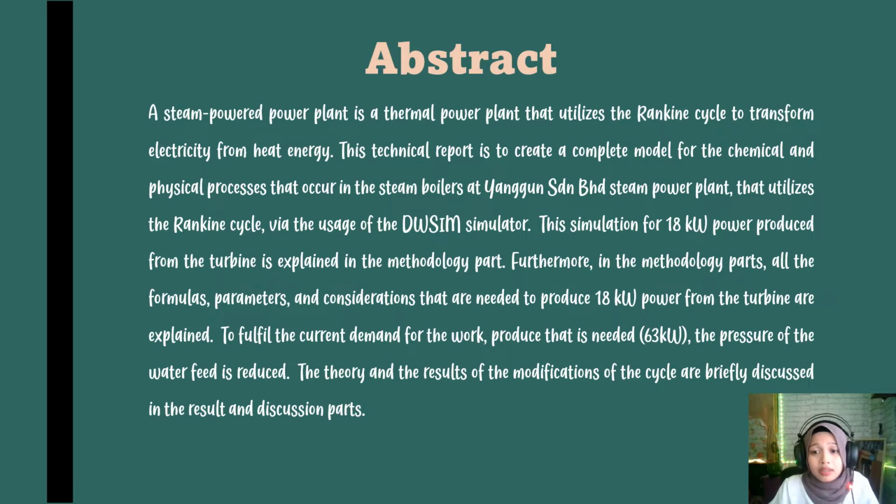Furthermore, in the methodology part, we also include all the formulas, parameters and considerations that are needed to produce 18 kilowatt power from the turbine.